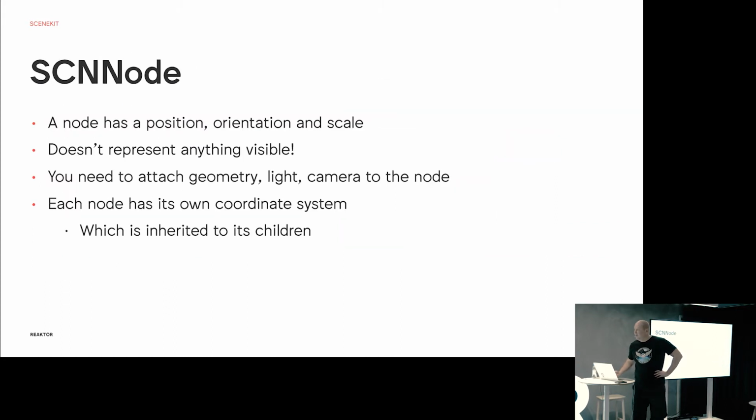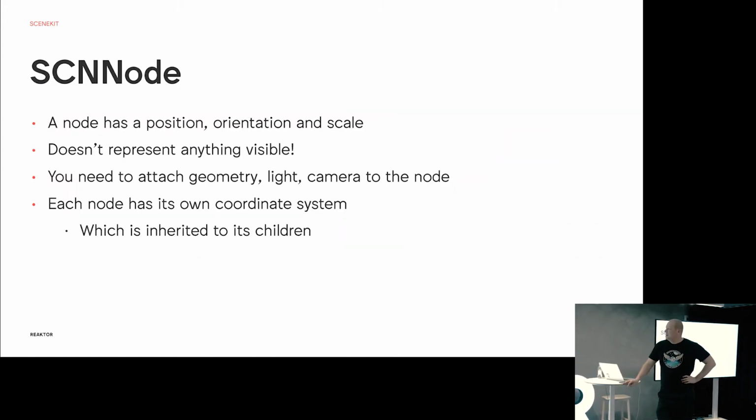Okay, SCN node. It's a fairly critical part of the stuff. A node has a position, orientation, and scale. But basically, you can start with just playing around with the position. It doesn't represent anything visible. So you can also have SCN nodes that are placeholders in your application.